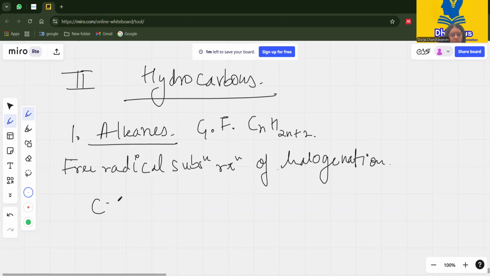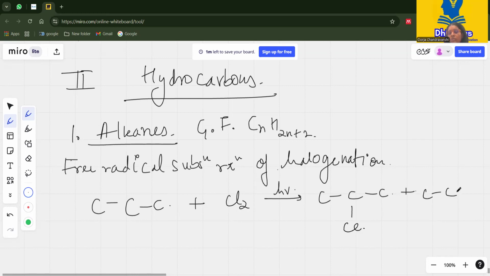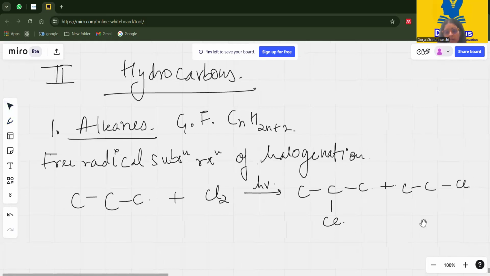Suppose I'm taking propane and reacting it with Cl2 in light. What will I get? I will get two products. Now, what is the reason for getting chlorine here and in this case here?